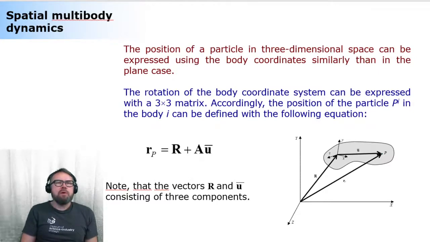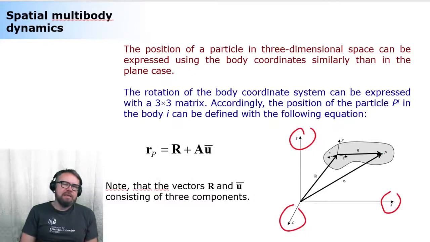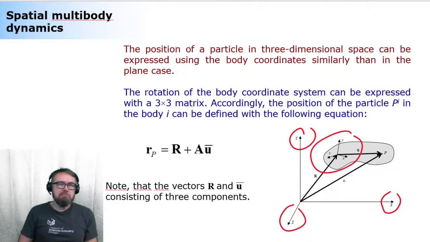Again, remember our ultimate goal here is to describe the particle with respect to the global coordinate system. And the easiest way to make it happen is by introducing an additional assisting coordinate system, which is traveling and rotating with the body. This additional assisting coordinate system is attached to the body and is called the body reference coordinate system, or body coordinate system, if we can give it a nickname.